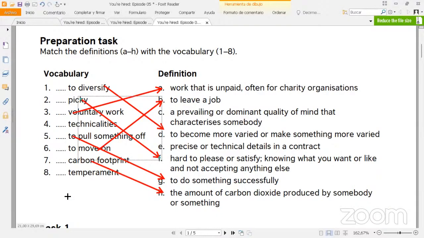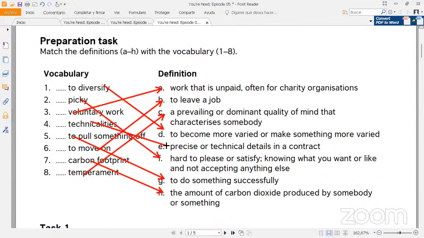Okay. Temperament. And technicalities: precise or technical details in a contract, correct? Yes. Okay.